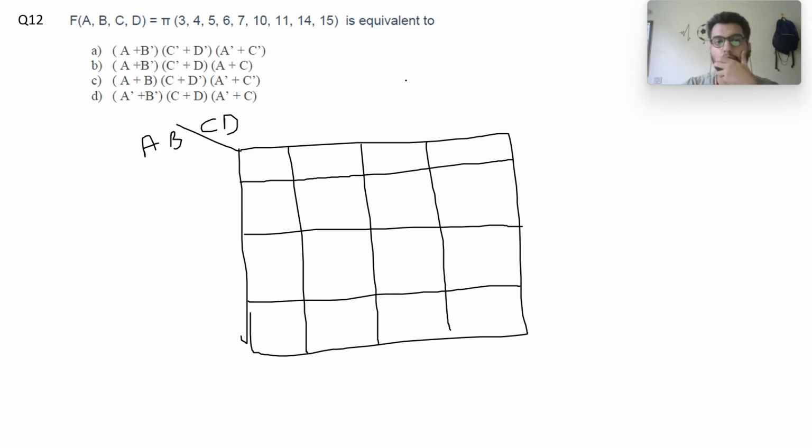Before proceeding, you know that this is given in the POS form.